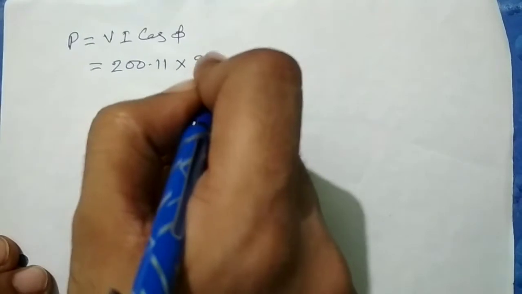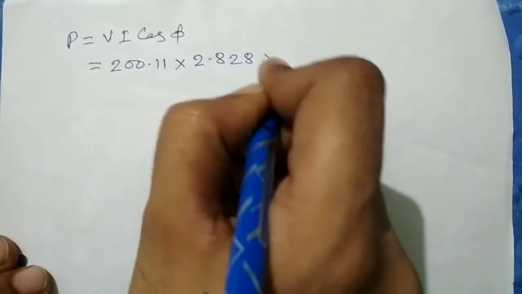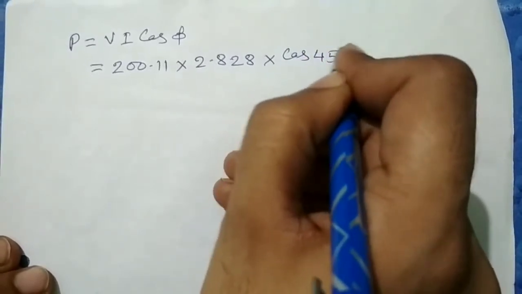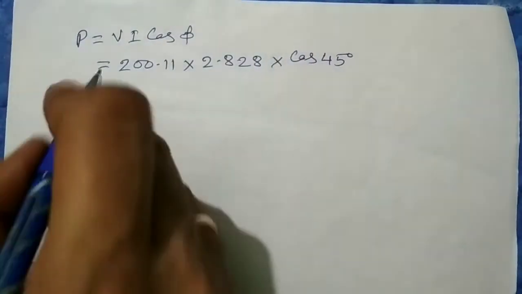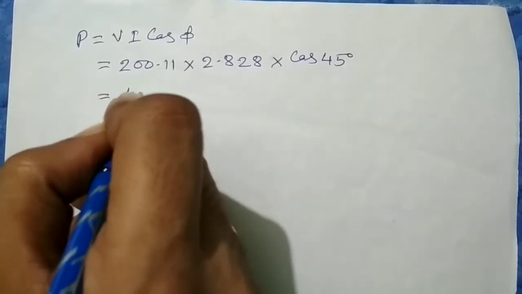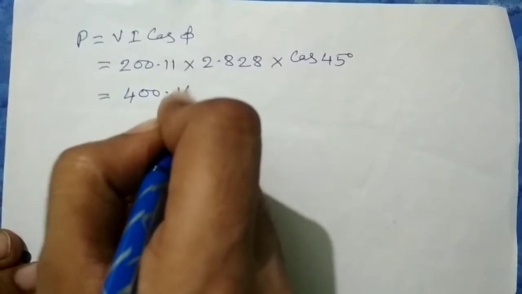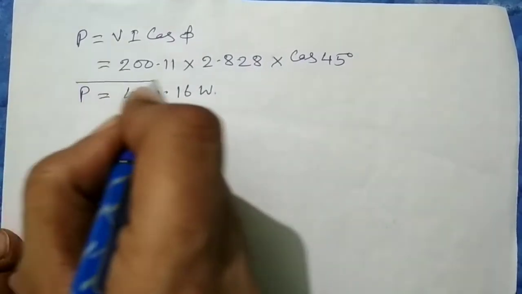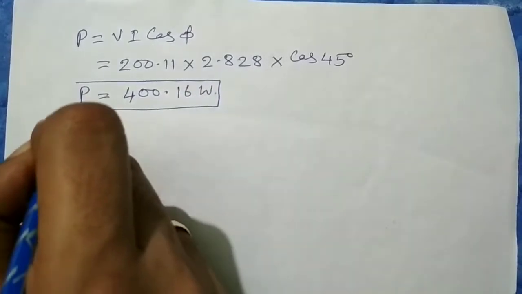Here the RMS value of the voltage is 200.11, the RMS current is 2.828, into power factor, that is cos 45 degree. After solving, we will get the active power 400.16 watt. So this is the active power of the circuit.